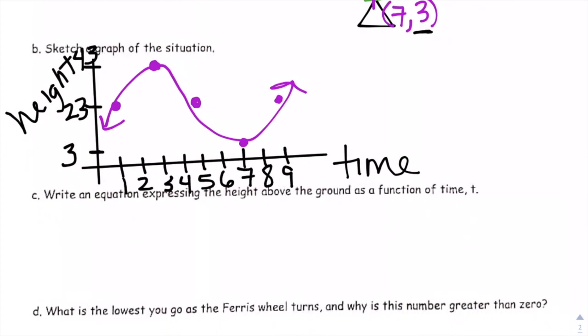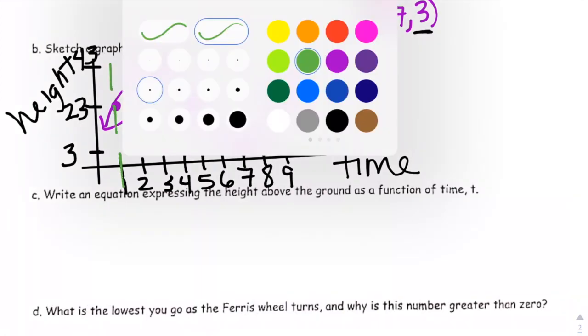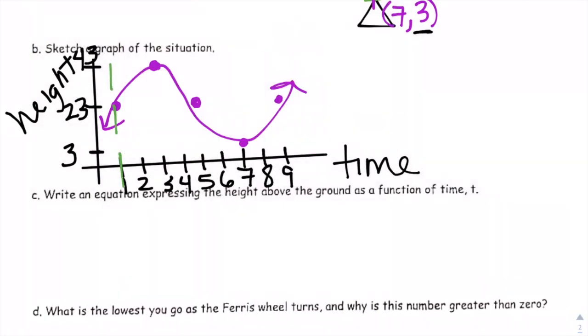And now we'll write an equation. So looking at this, our starting point is right here. And so that tells us that this would be a sine graph, because looking at our period, it creates an S-like shape. So it's going to be a sine function.